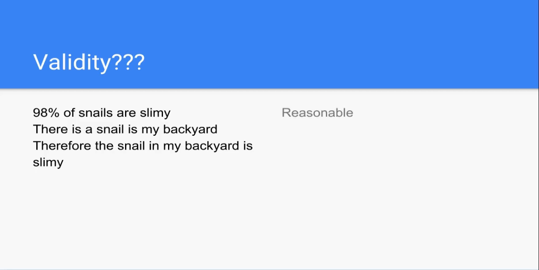The idea of validity, therefore, isn't really relevant to inductive arguments like this. We might say the argument is reasonable, plausible. The probability that the conclusion is true is pretty high, but we can't really speak of validity here. So, this might be a pretty good argument inductively, but it's not an argument that we would call valid.